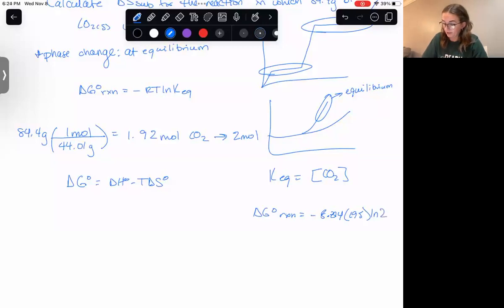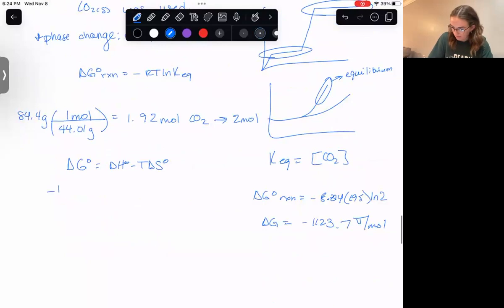We'll try 2 for now and see what happens. Negative 8.314 times 195 times the ln of 2. Okay. Then we get delta G is equal to negative 1123.7. This is in joules per mole.